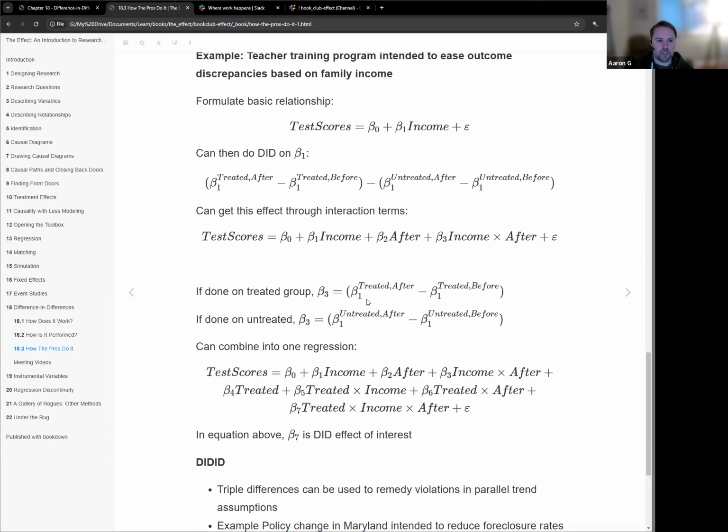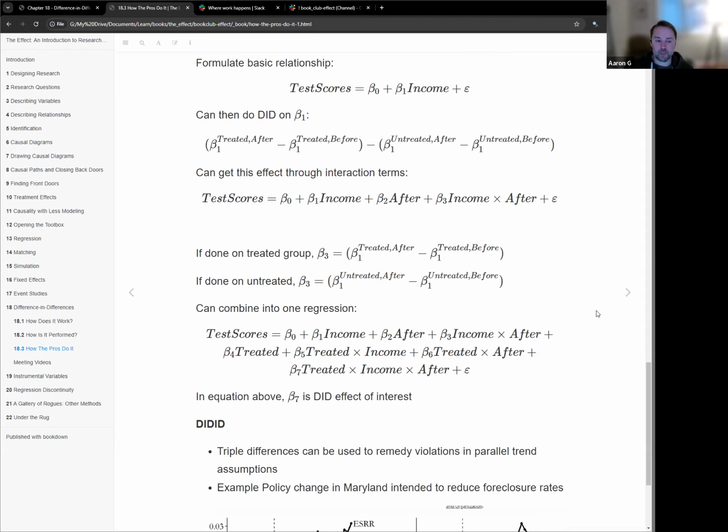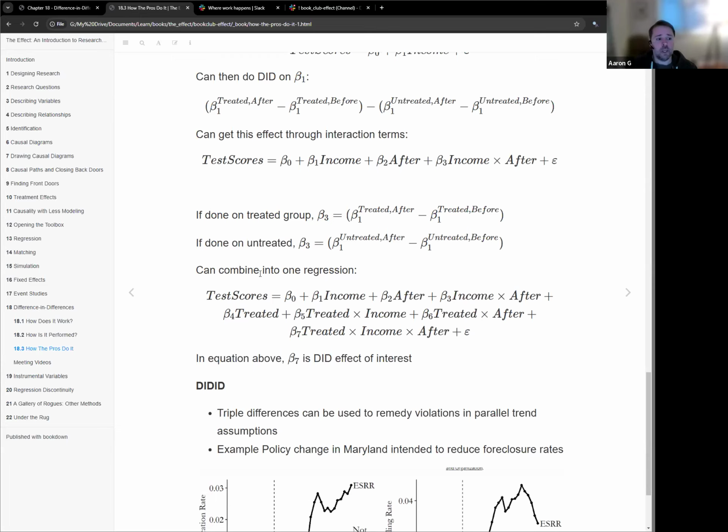And so if we ran two regressions, one for the treated population and one for the untreated population, we would get two of these beta 3 coefficients, and we could take the difference between those two. That would give us a DID effect for that coefficient. But a better way to do this would probably be to combine all of this into one regression equation.